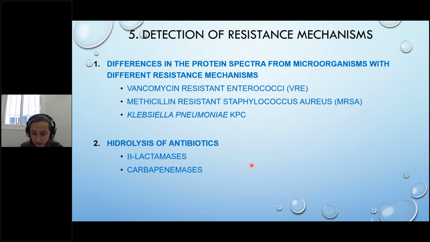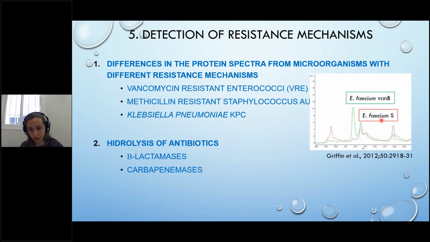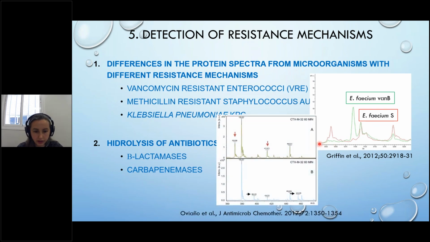In the first case, spectra look like this, like one population. In this case, Enterococcus faecium with the VanB mechanism displays some peaks that are not present in the sensitive isolates. In the case of hydrolysis, some peaks are specific to the intact antibiotic, and they disappear or change a little bit when the bacteria hydrolyze them.